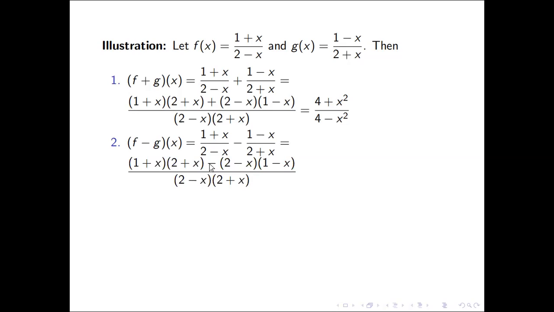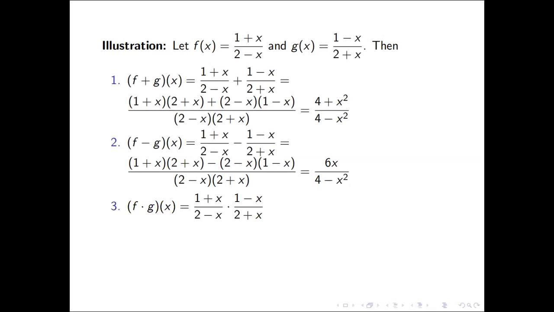I won't be showing all the details, but once you simplify this product, you distribute the negative sign over each term before you combine them all on the numerator. And you will get that. Just verify that that is the correct answer for f minus g.